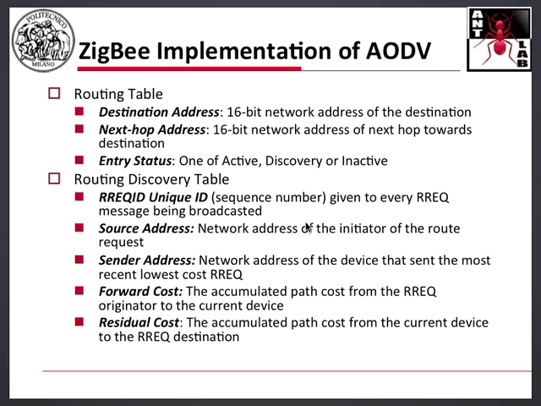Then I have the source address, which means who is requesting that specific route. In our example, the source address would be S, the first initiator node, the node that sent out the first route request. Then I have the sender address, which is the address of the node I received the route request from. Let me go back.